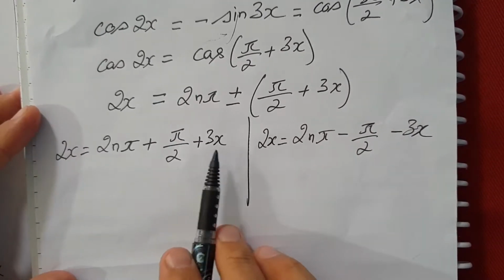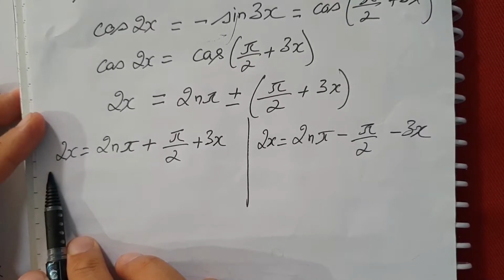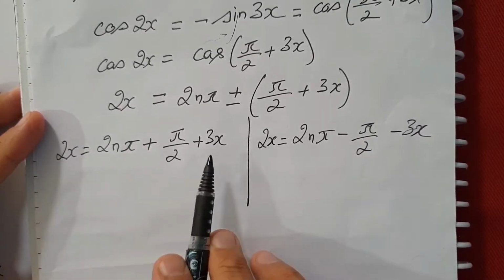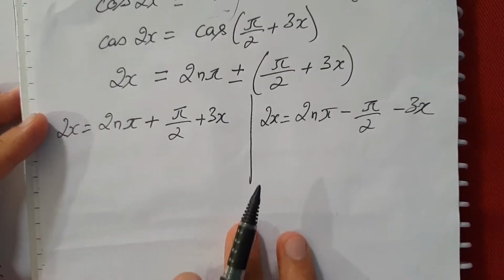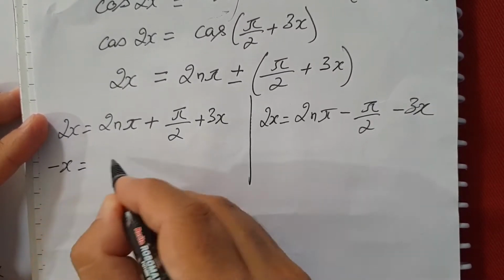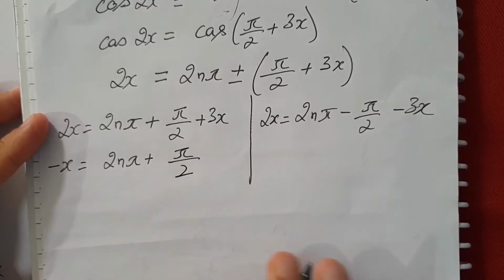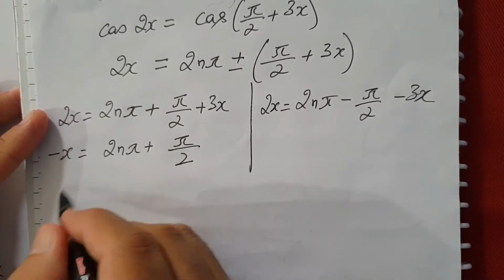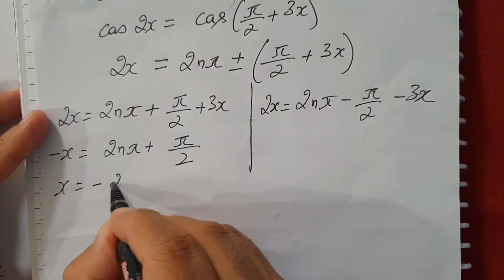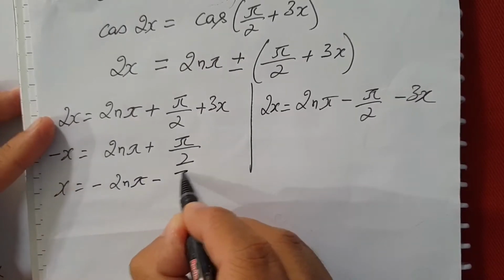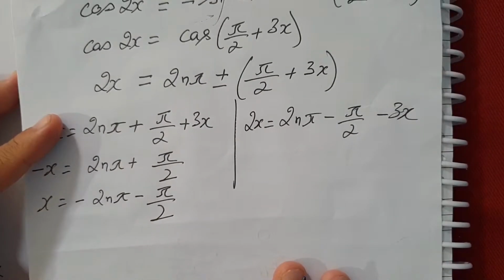Now if you take this to that side, 2x minus 3x will give you minus x equals 2n pi plus pi by 2. So taking the minus sign common, x will be minus 2n pi minus pi by 2.